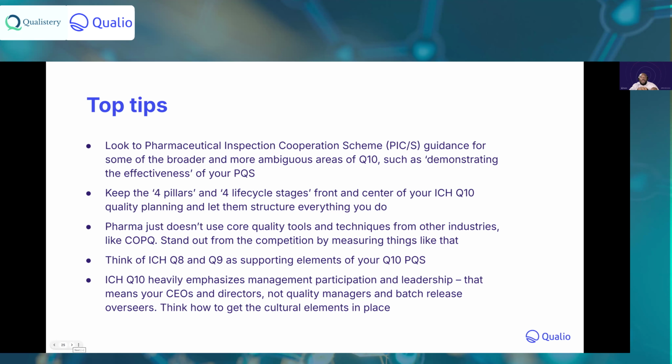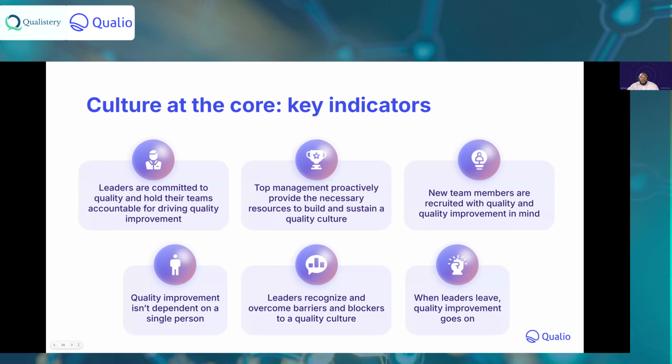We talk about what a quality culture is, or what that looks like, and what some of the key indicators are. Now, when we talk about quality culture, a culture of quality is the foundation of quality excellence.